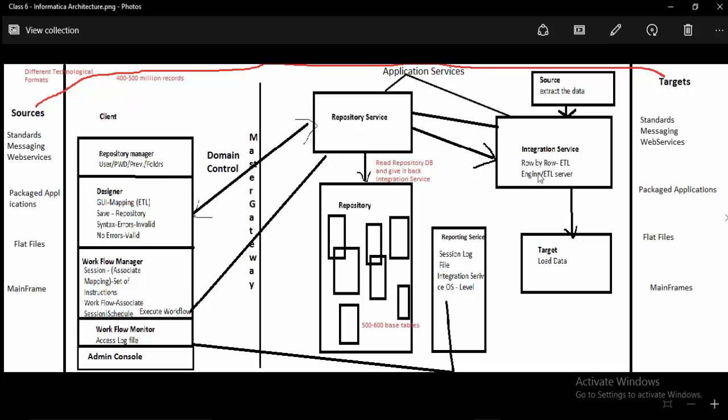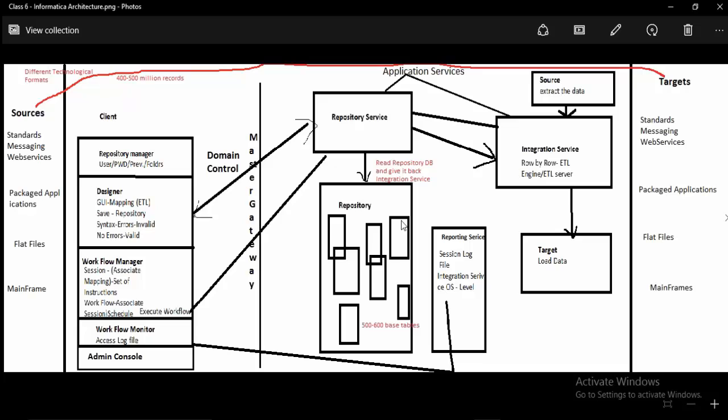So what happens internally? See, whenever you create the mapping, let's say your source table is A and the target table is B. Okay, so the integration service reads the data here, because the mapping related data is stored in your repository.